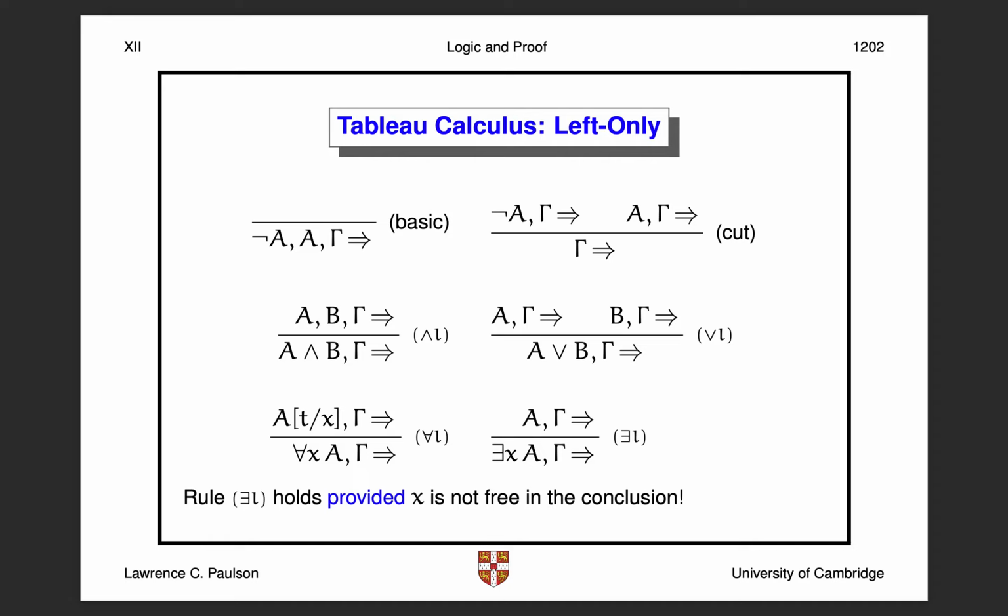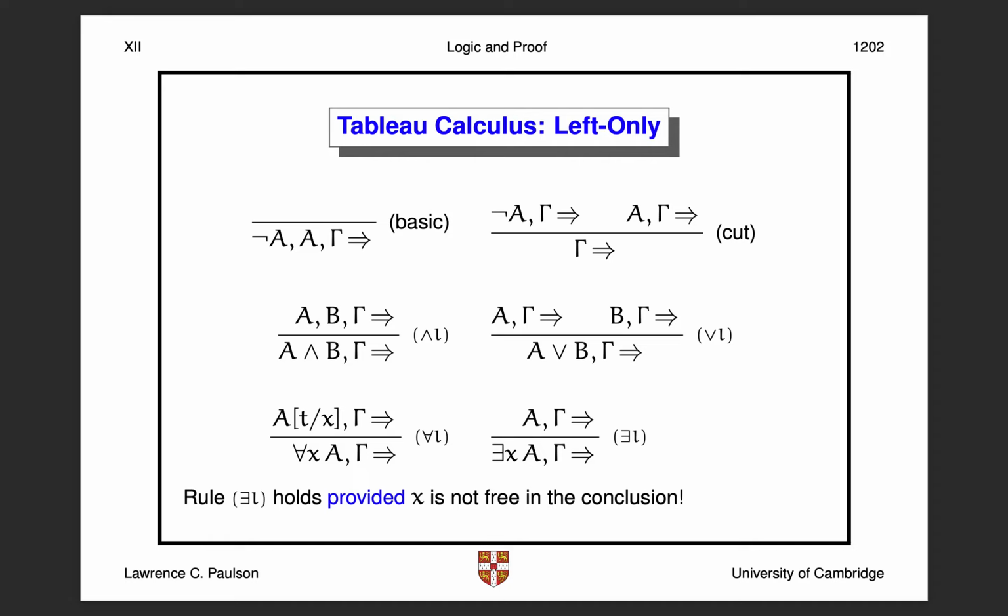And I suppose potentially it means proofs could be longer in the Tableau calculus, because if we reach a basic sequent in the Sequent calculus with some non-trivial formula, here that would not be available to us, and we would need to continue breaking down that formula until we got a lot of basic sequents for all its atomic constituents.